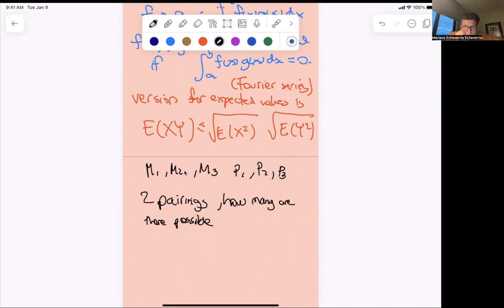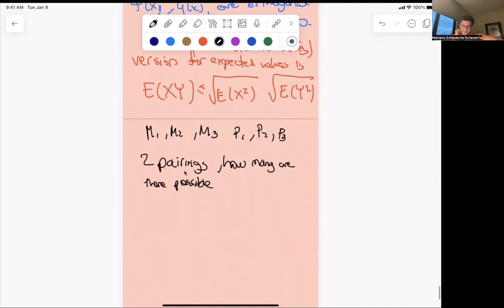Let's see. Okay, so one way would be the naive one. How is it that you wanted to do it in this example before? I don't want to look at the solution. Yeah, so what I did is I listed them all out and noticed you can just do M1 with all the physicists, then M2 with all the physicists.